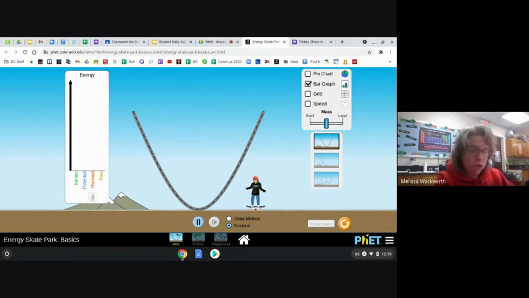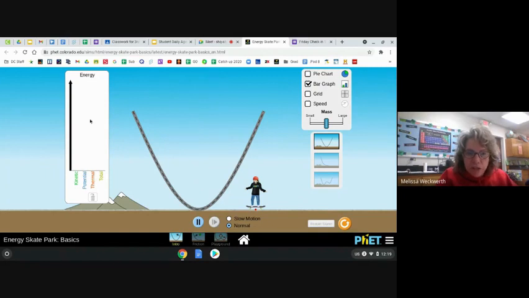It says click intro, which is what we did already and how we got to this spot. Then you're just going to follow the directions. It talks about how to move different things. So how does the skater's kinetic energy change as he moves down the ramp?